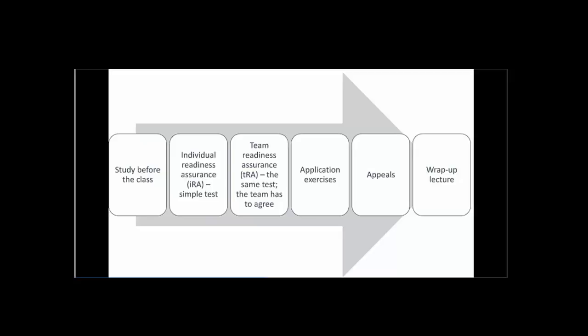So if you watch the video carefully, making sure that you understand everything, then you'll be able to answer 100% of these questions. So then it is followed by the team readiness assurance, which is the same test, but now the whole team has to agree.